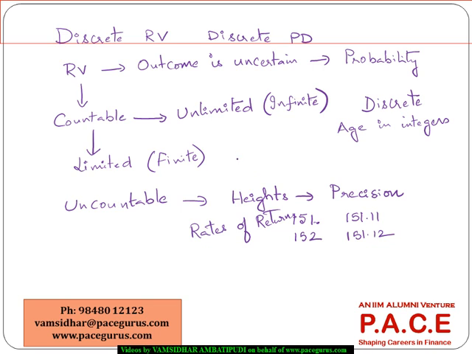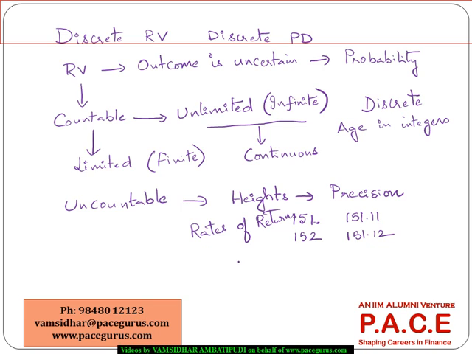But sometimes in the real world, what happens is, if the numbers are too large, we approximate it to a continuous. Numbers being too large, which means in reality, in creating a situation of continuous or a situation of discrete, there is a very thin line.